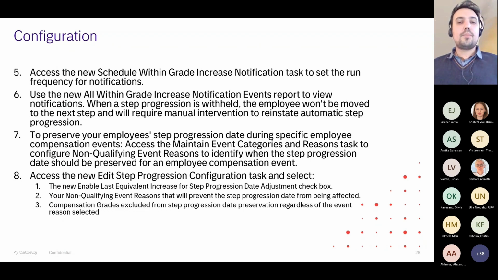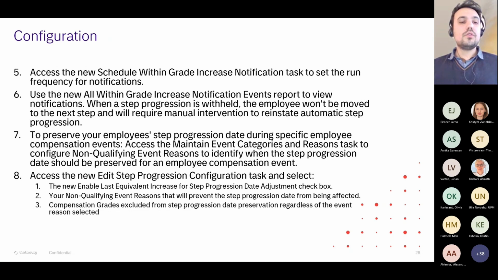To preserve your employee step progression date during specific employee compensation events, you can access maintain event categories and reason and configure a non-qualifying event reason to identify the step progression date. And then you need to go to the new task, edit step progression configuration.